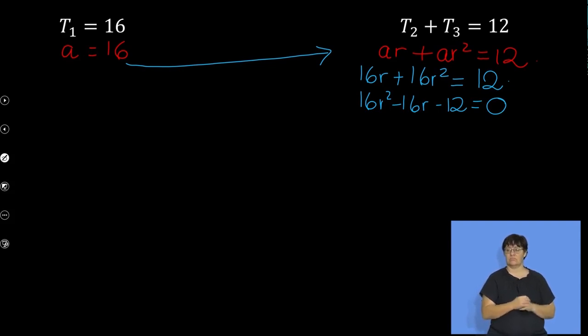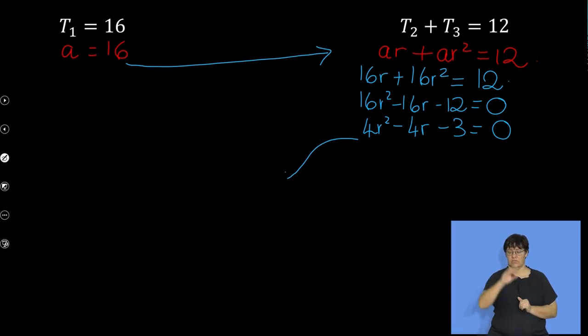Cool, everybody. And to make this even easier for myself, I'm going to divide everything by 4. So I'm going to have 4R squared minus 4R minus 3 is equal to 0. I'm going to continue my working down here so I don't block anything.